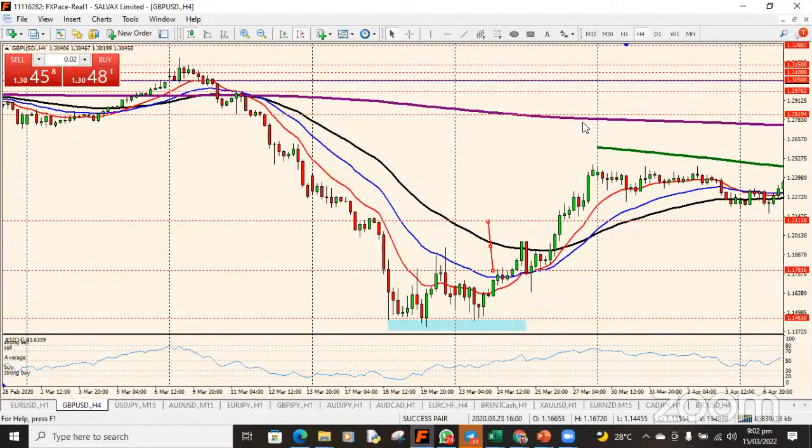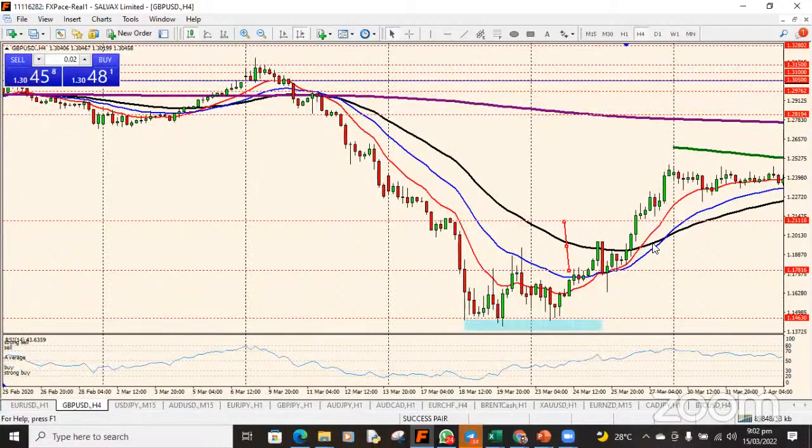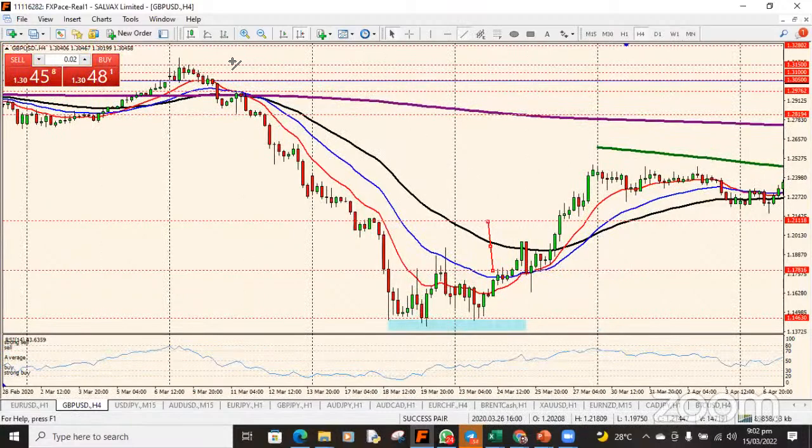Now, because I'm using confluence to trade the market, what I will do is simply draw my trend line to confirm this very well. This is the first one. Then I come to the lower time frame because I take my entry from 15 minutes. This is H4. I will go to 15 minutes to take my entry.